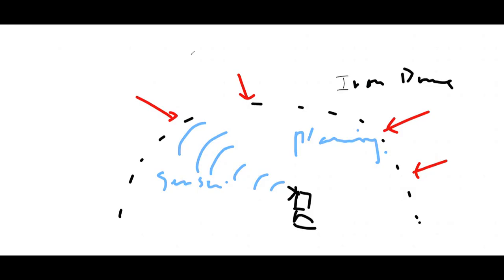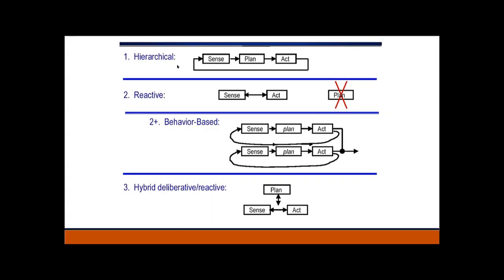That's called sense, planning, and action. So using this Iron Dome, you will see that this modern defense system is also a hierarchical system. You do have the so-called sense, plan, and act.